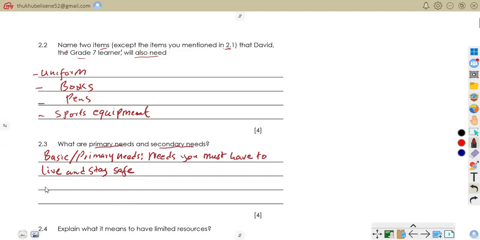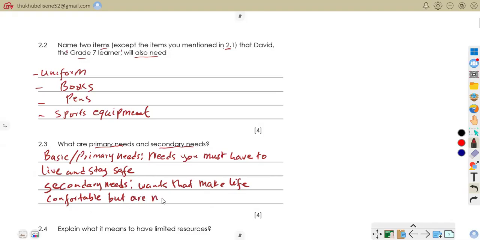But secondary needs, we're talking about ones that make life comfortable, but are not essential.